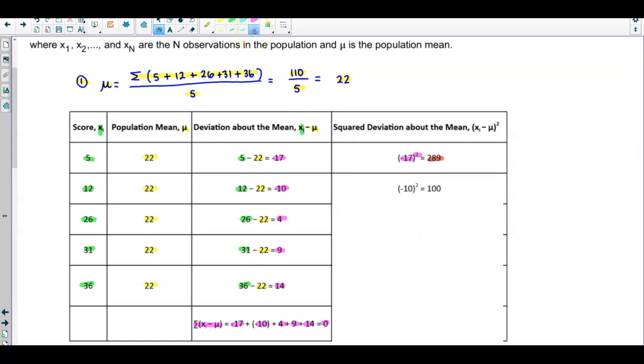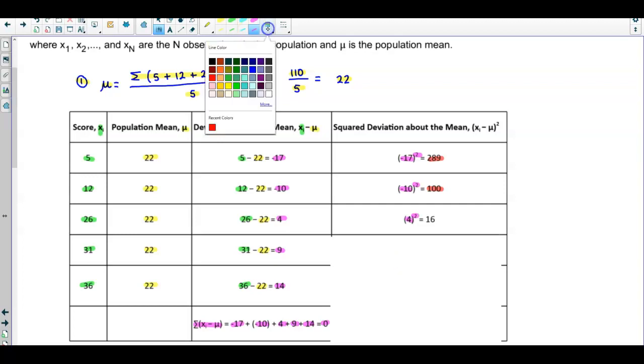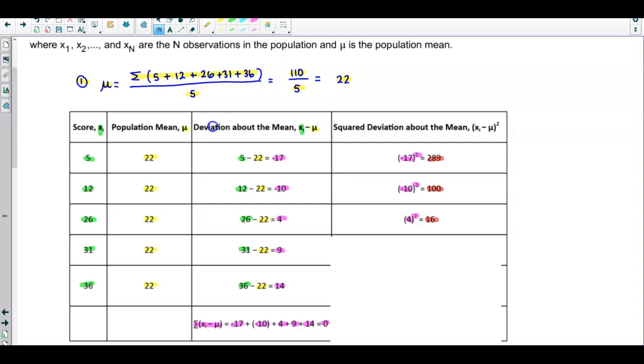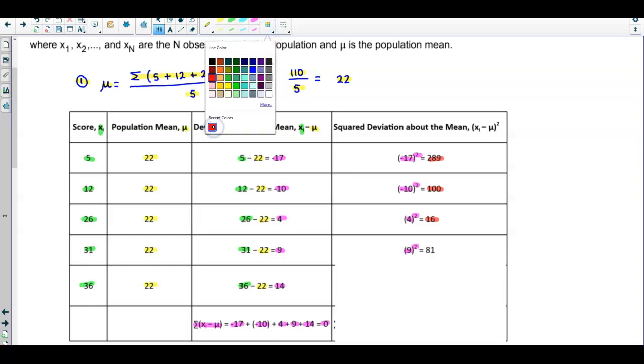Next, we're going to take negative 10, which is the deviation, and square it, and we get positive 100. Next, we take the deviation of 4 and square it to get 16. Next, we take the deviation of 9 and square it to get 81.